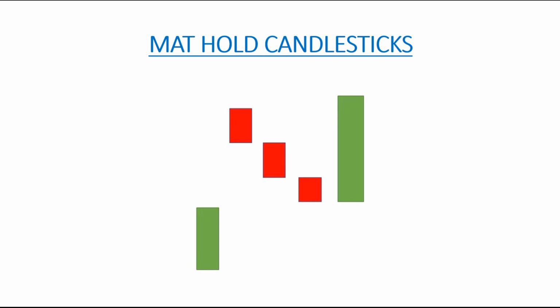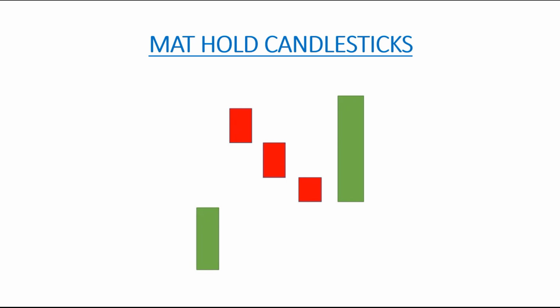There's also a bearish mat hold pattern that is indicating the continuation of a prior downtrend. It's the same as the bullish version we just talked about, except that it begins with a large red candle, a downward gap, followed by 3 smaller green candles that must stay below the high of the first red candle, and the pattern completes with a long red bearish candle.